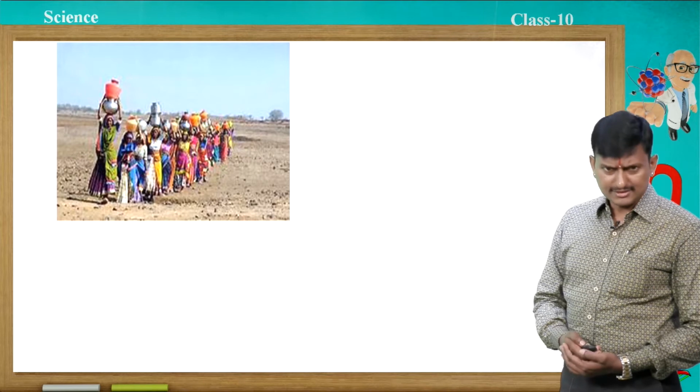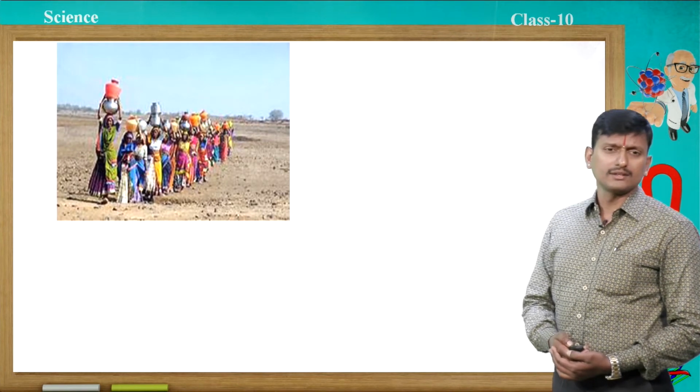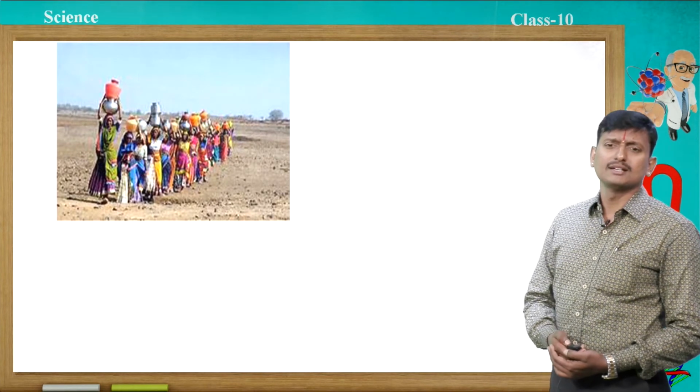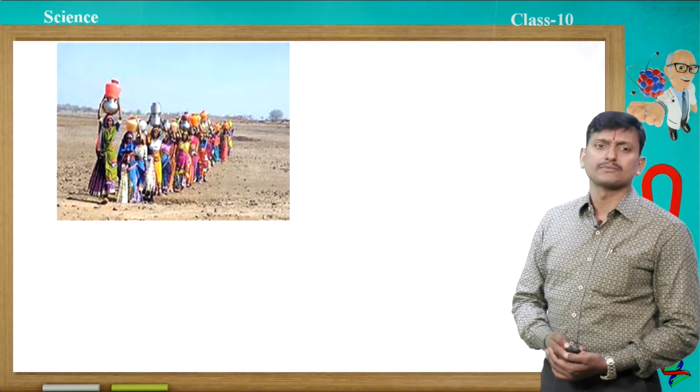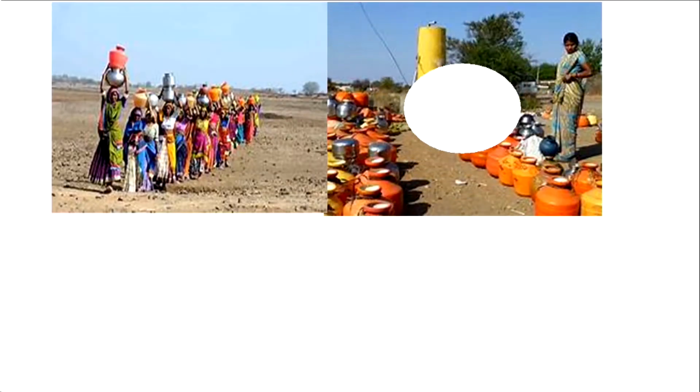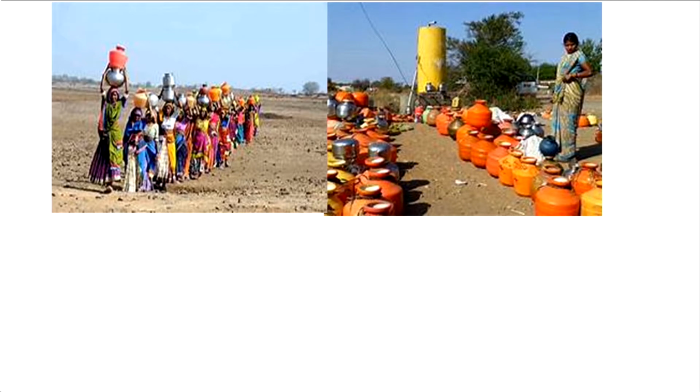You may come across somebody in your daily life suffering from the scarcity of water. Look at the picture. What does it show? There is a scarcity of water in a certain region. They wait for hours for a pot of water. They go for miles to fetch drinking water.